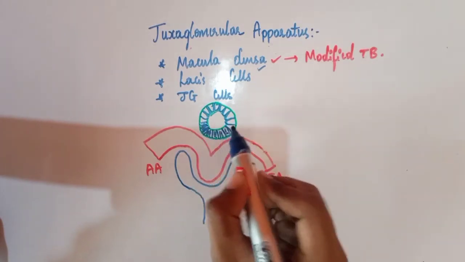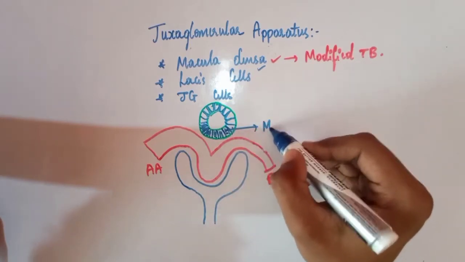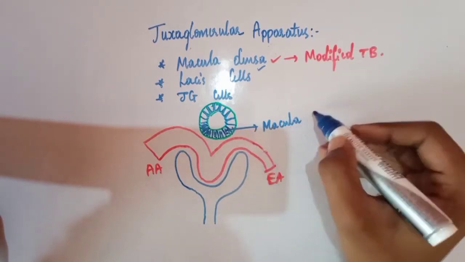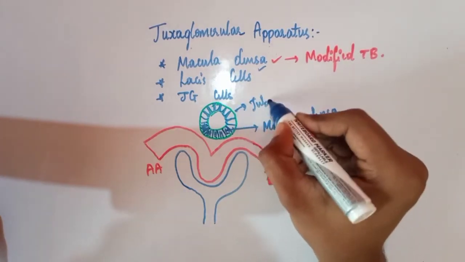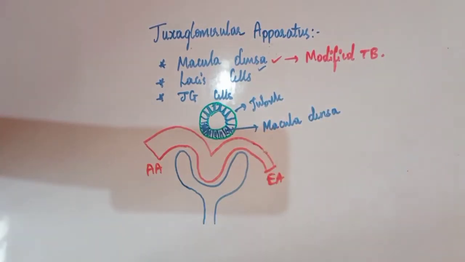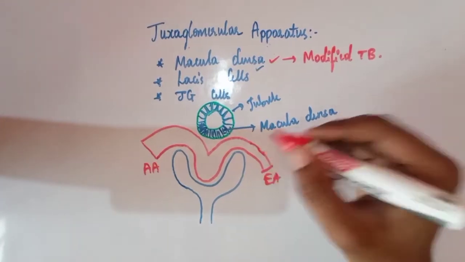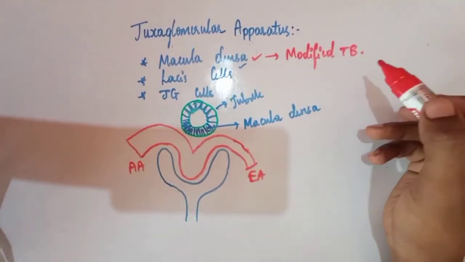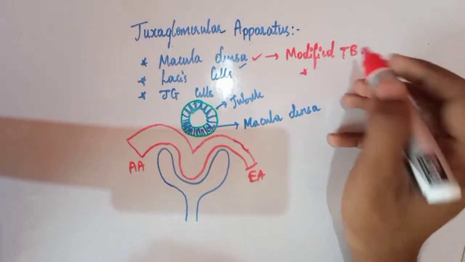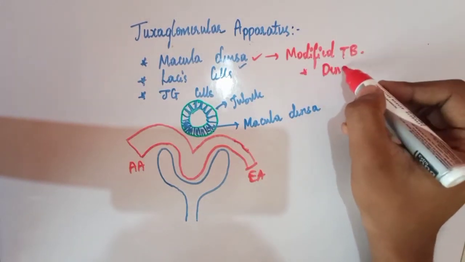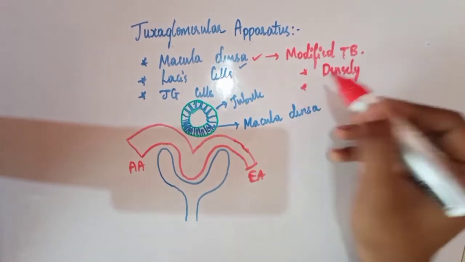This is macula densa. Now the details of macula densa: these are the modified tubular epithelial cells, and they are densely packed. That's why the name macula densa.